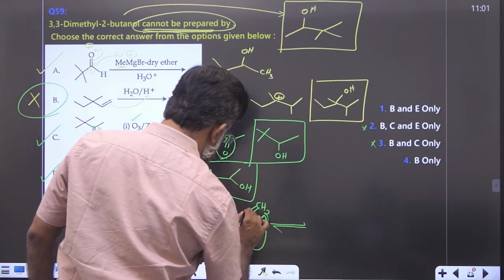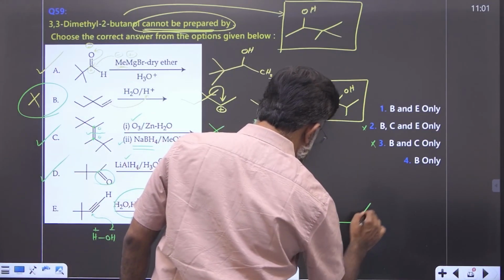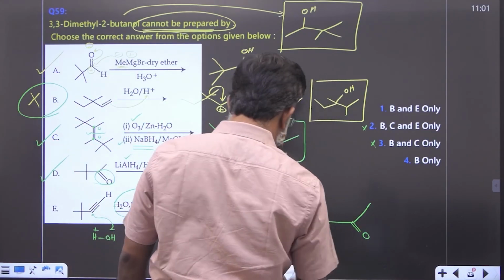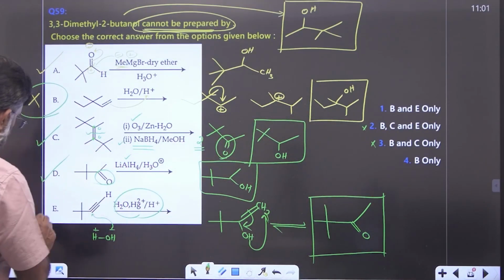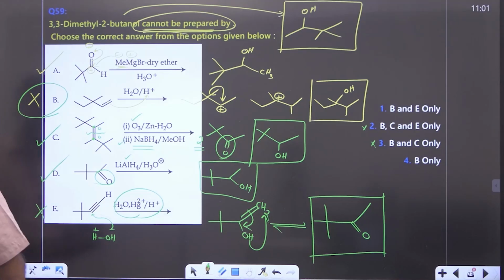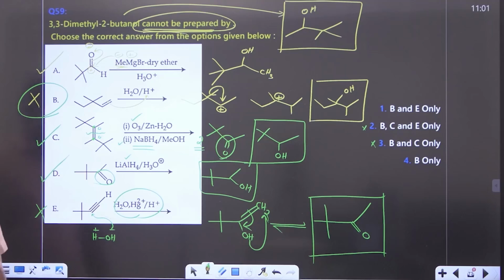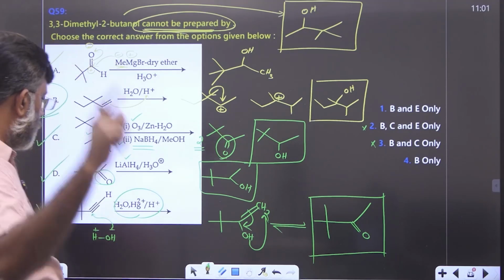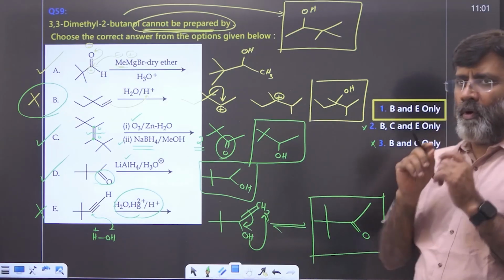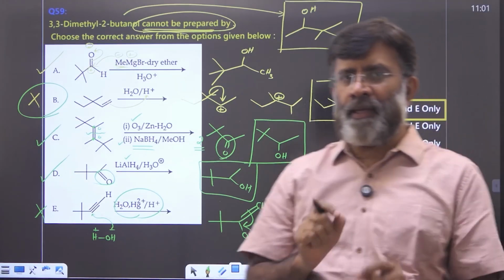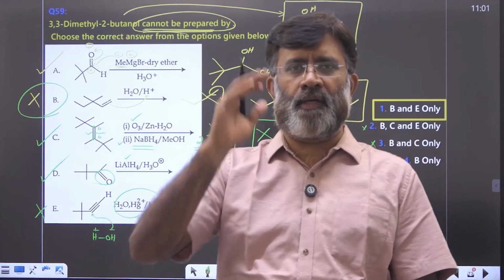This hydrogen will come here. The final product is a ketone, and that doesn't match with our answer. This result is not given by E, and the answer is option 1. So reaction B and reaction E will not give you the concerned product.